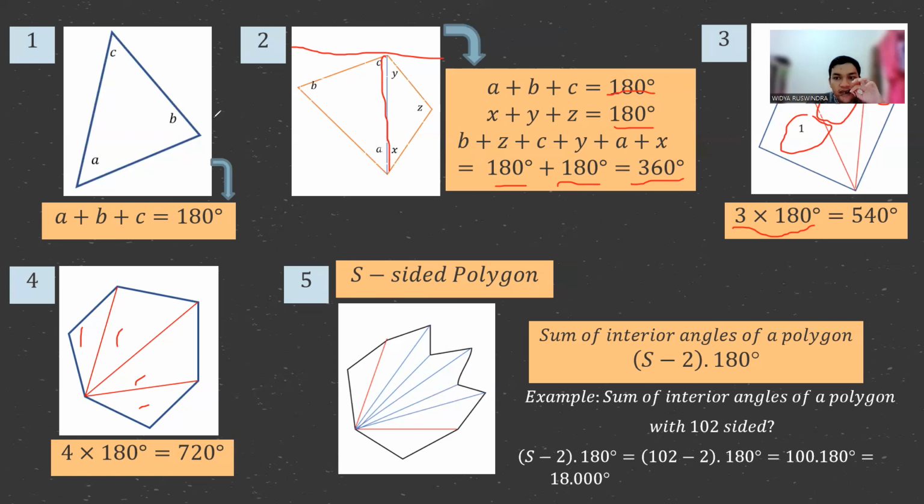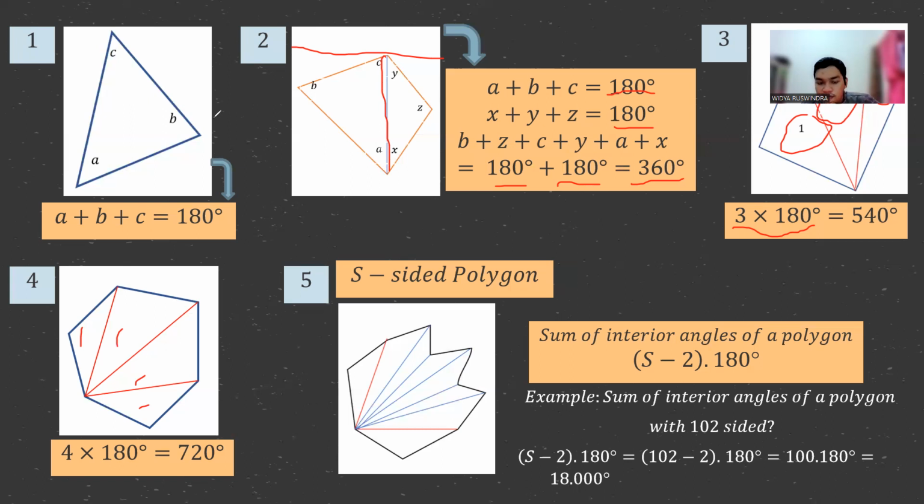If 4 sides, we get 2 triangles. If we have 5 sides, we get 3 triangles. If we have 6 sides, a hexagon, we have 4 triangles.